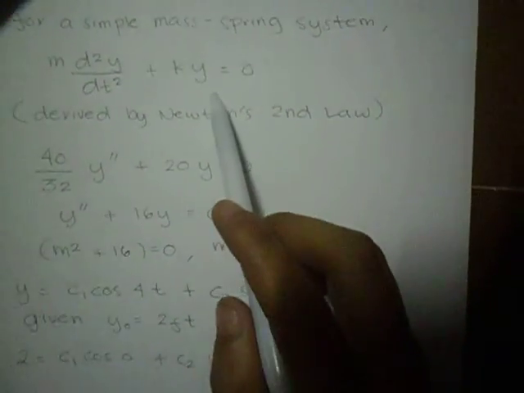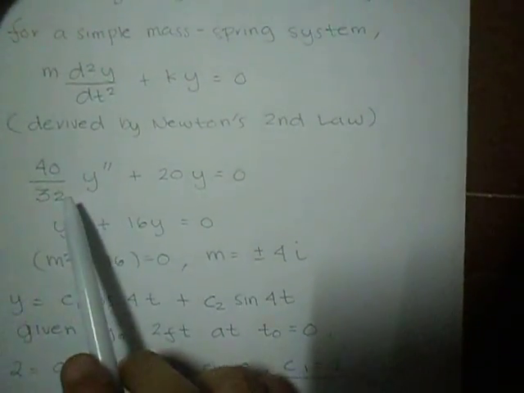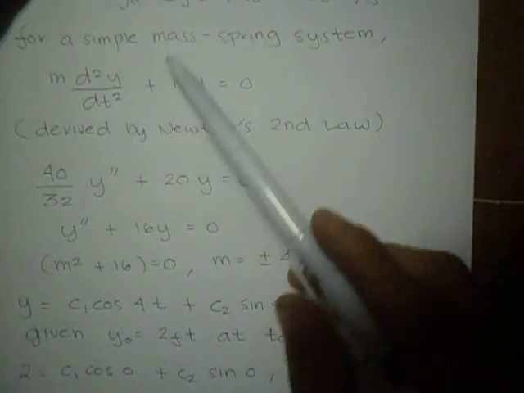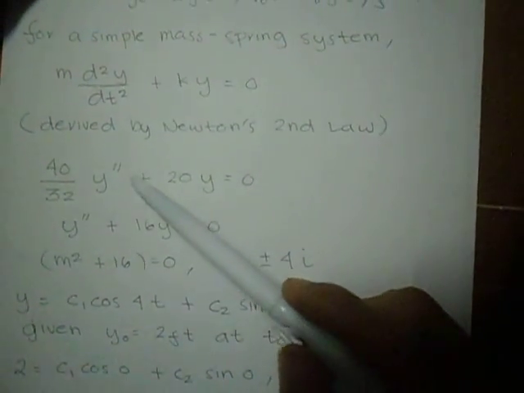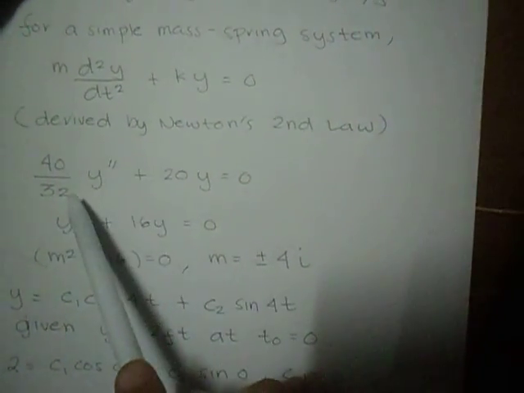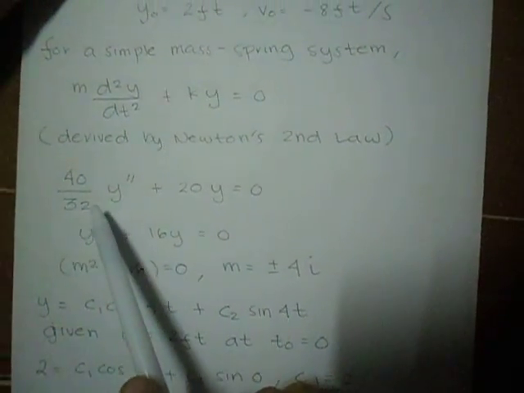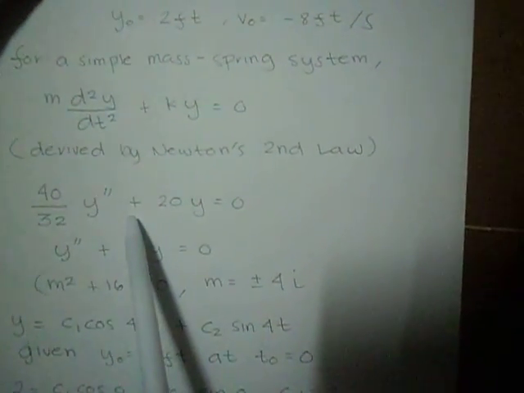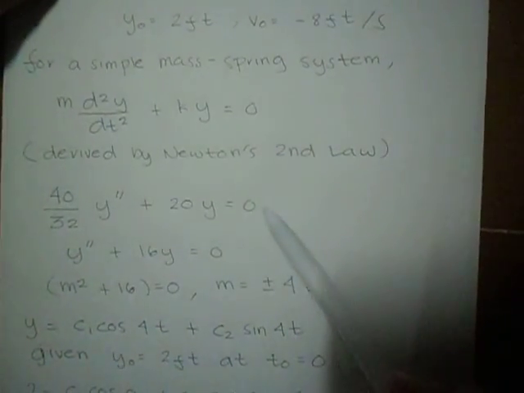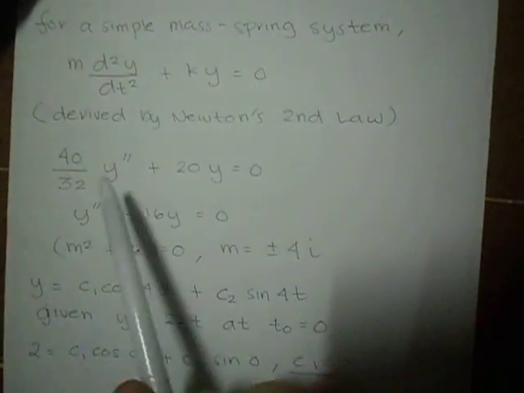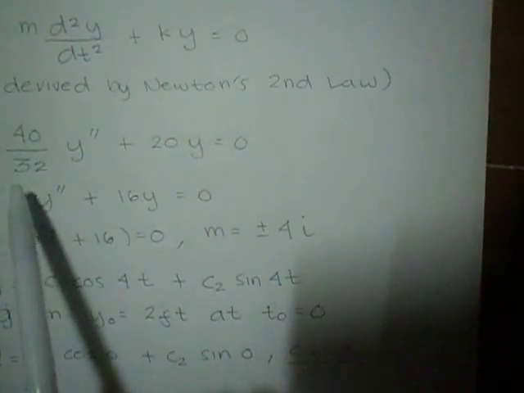And again, your mass here is just equal to your 4 pounds over your 32 feet per second squared, that is the acceleration due to gravity, plus your value of k, which is 20, times y is equal to 0.